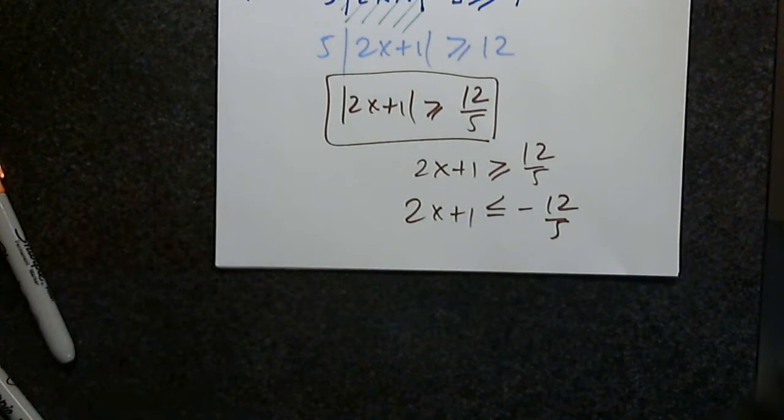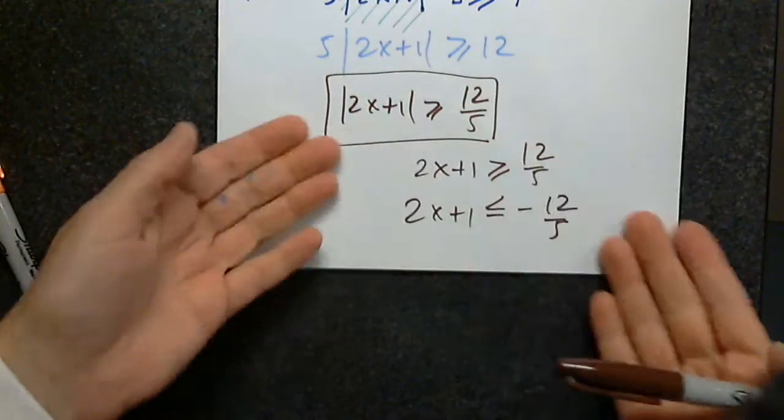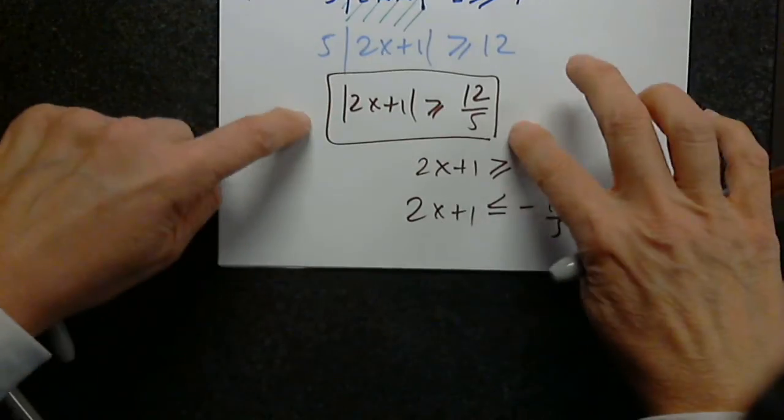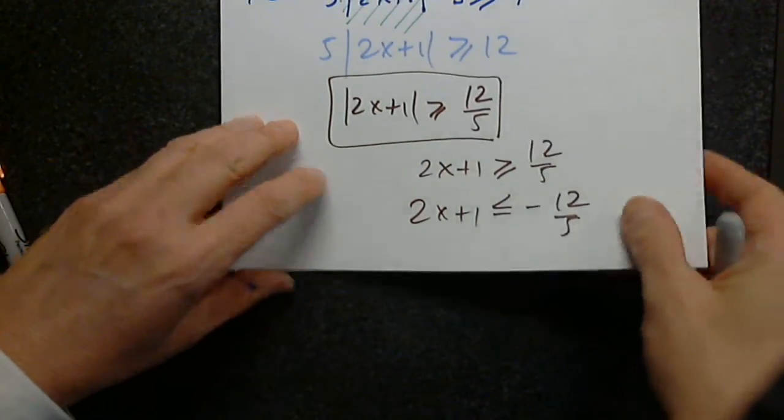So it's the outside, nothing inside. You cannot include anything between negative 12/5 and 12/5. That's not allowed. You can include to the right of 12/5, or to the left of negative 12/5. Very good. Now this we can solve. Solving this is solving this. But this I can't if I don't know how to convert it.